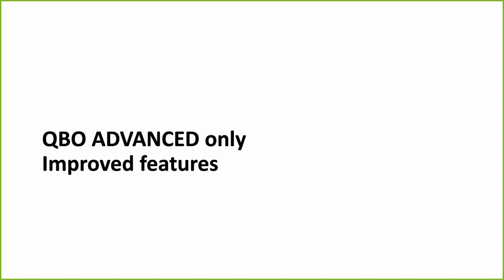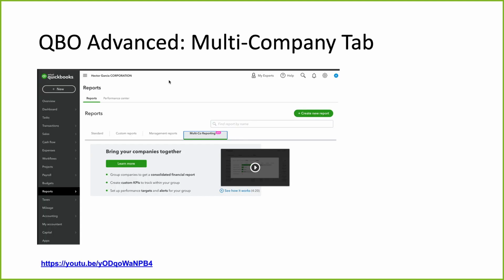Let's talk about QuickBooks Advanced. All right, let's talk about QuickBooks Online Advanced only. So the first thing that they added, which looks really cool, but at the end is pretty much useless, on the reports, they added a tab called Multi-Company Reporting. Now, I suspect that that tab is going to turn into something else later in the future.